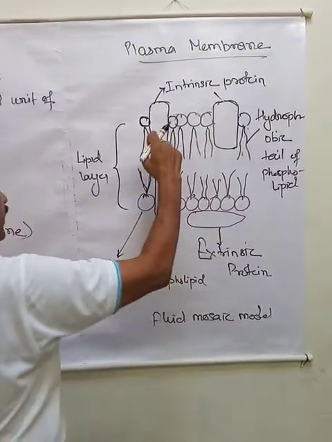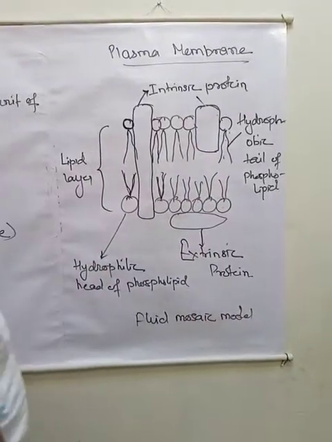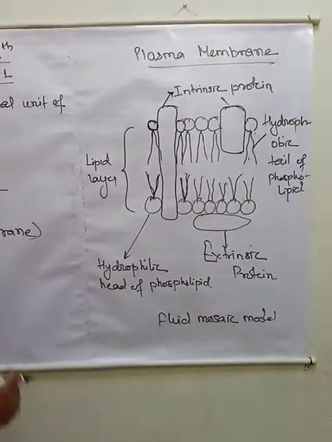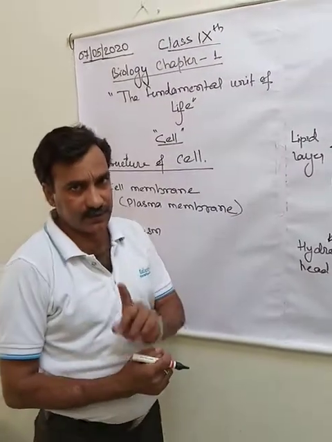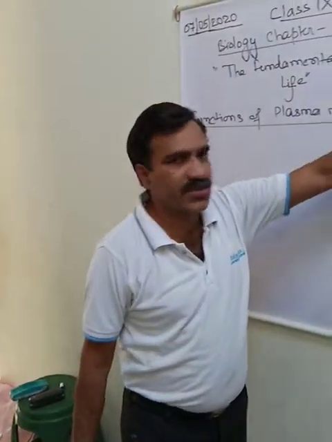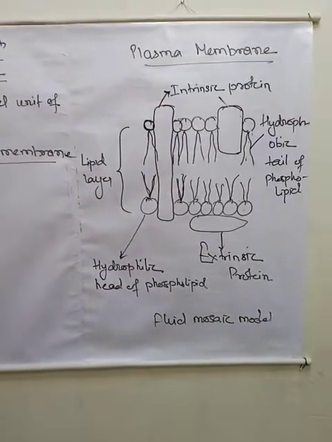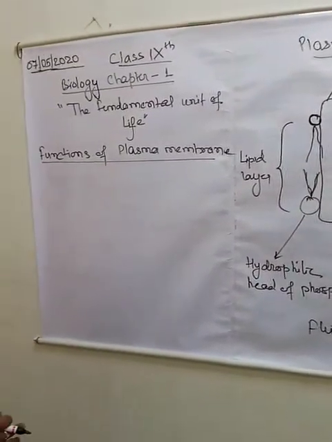They are called intrinsic. So now you have seen the structure of plasma membrane. Next is function of plasma membrane. What is the function of this plasma membrane?